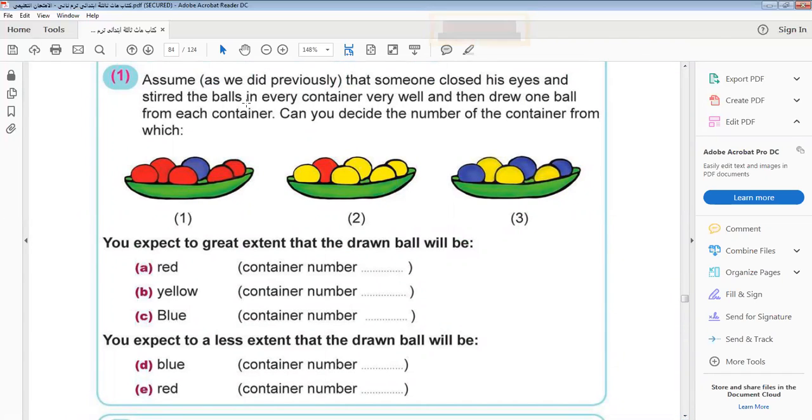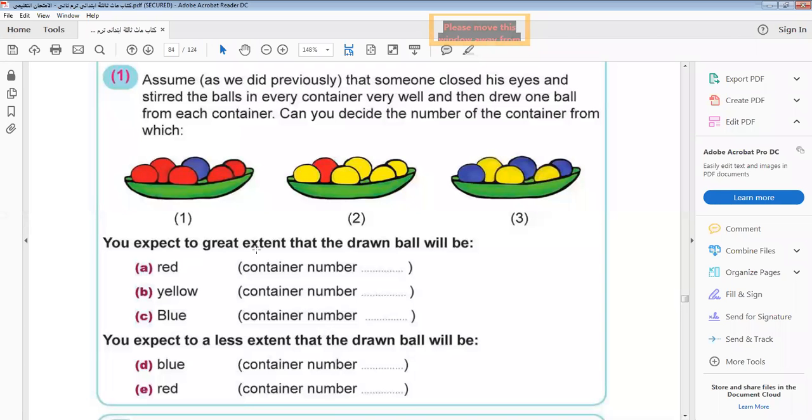assume, as we did, that someone closed his eyes blindly and took a ball just like the previous one. You expect to a great extent that the drawn ball will be red, container number what?